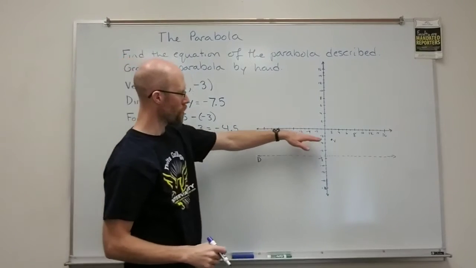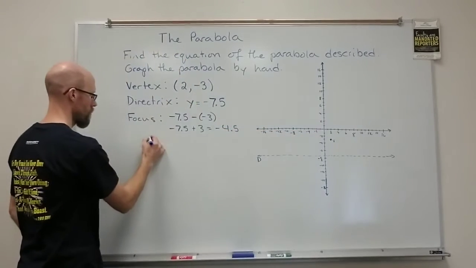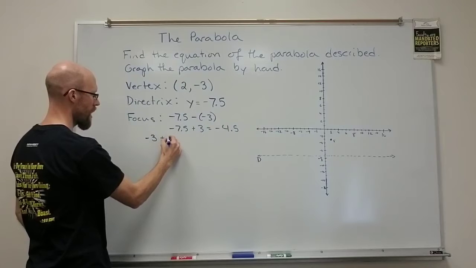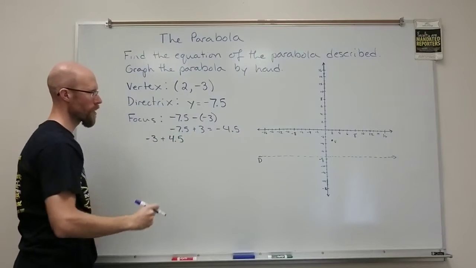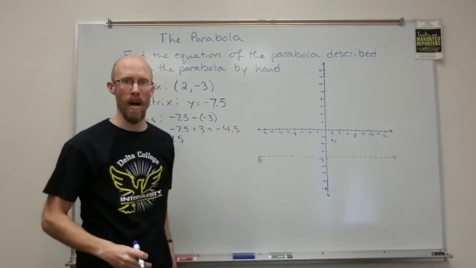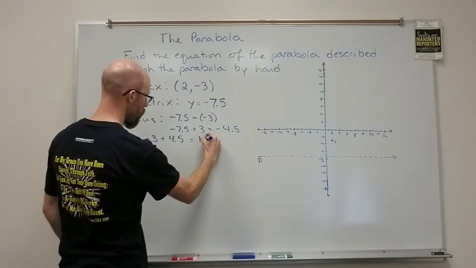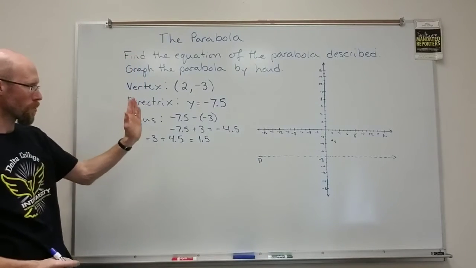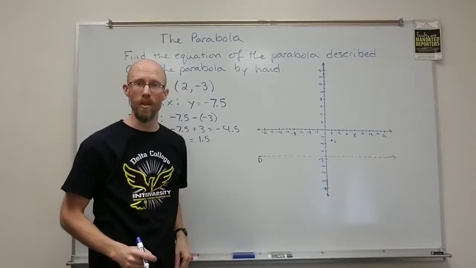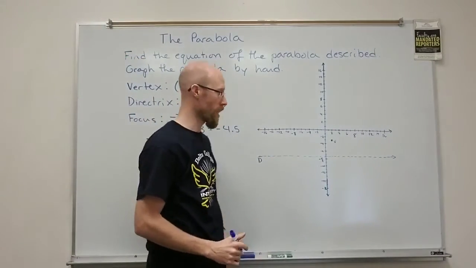So I need to go 4.5 units up. So from -3, if I were to add 4.5 to the -3, that would get us the positive direction there. And that gets us a value of 1.5. So the focus must be located 1.5 units upward, but at the same x value as the vertex.